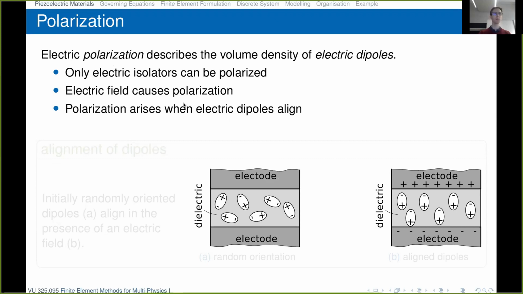Just note that only electric isolators can be polarized, and the electric field is actually the cause for the polarization. And polarization only occurs if all these many dipoles align to a common direction and therefore create a net polarization in the material.